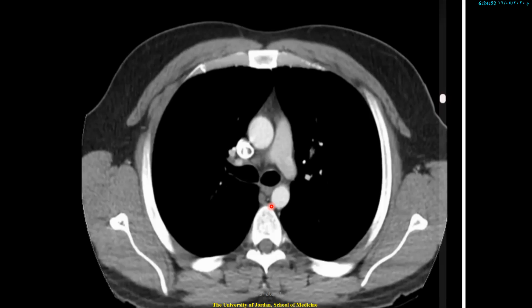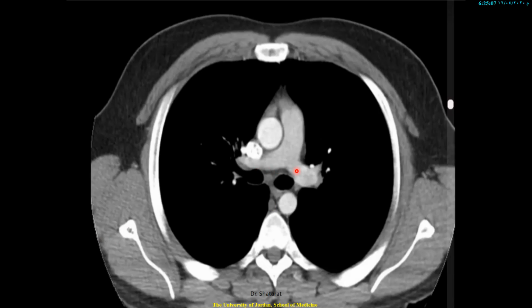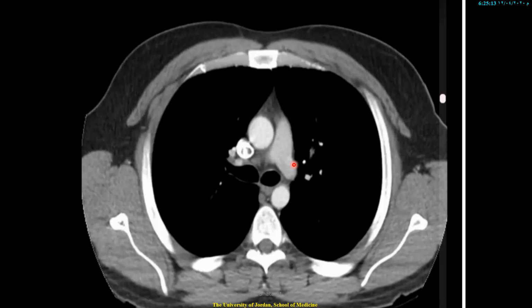Now let's go up. As we go up, you would see a change here as we are losing these obvious branches of the pulmonary trunk. And one more thing, here the superior vena cava is more obvious. What does this mean? What's going on? I can still see, of course, the descending aorta.